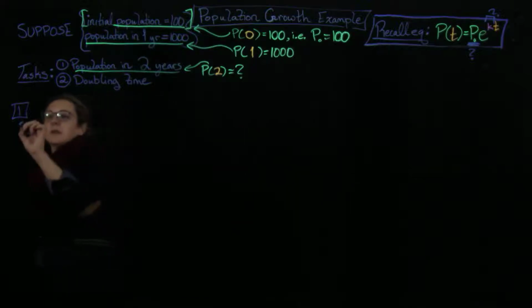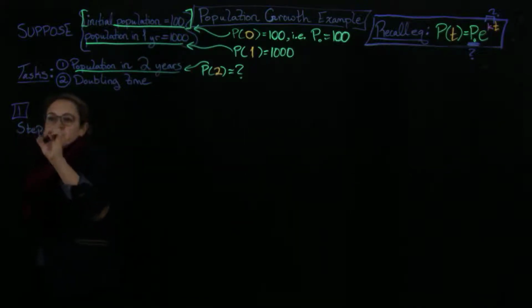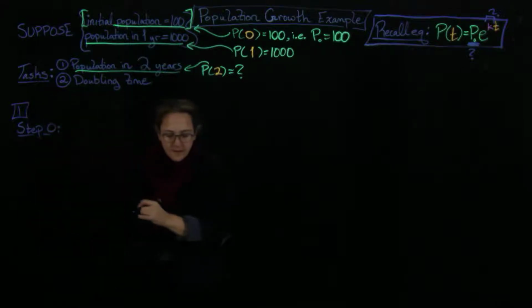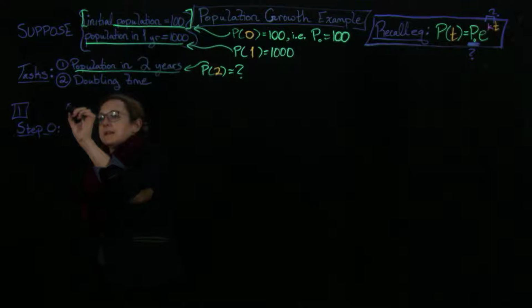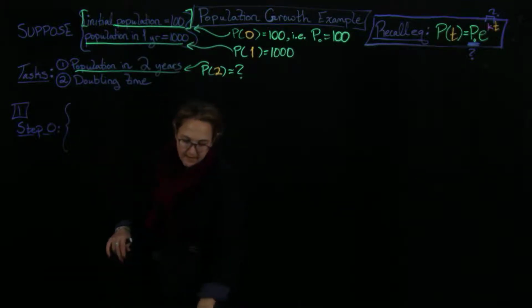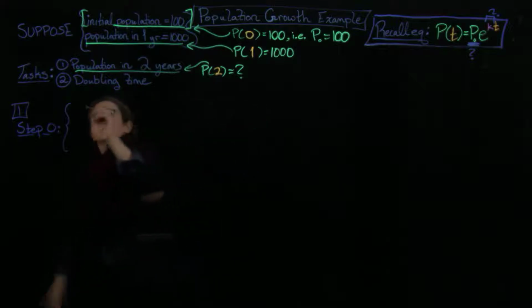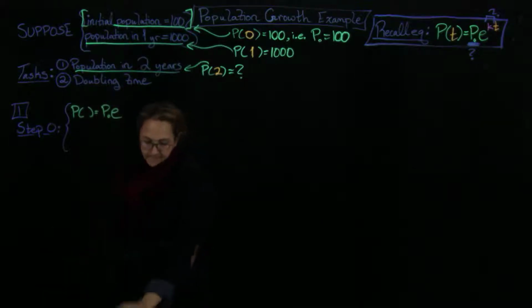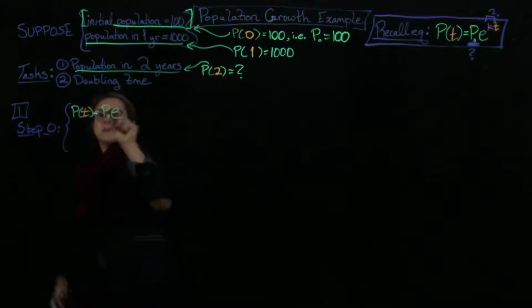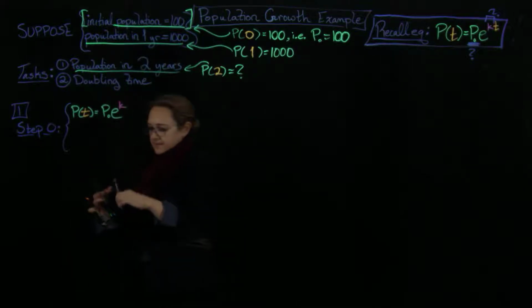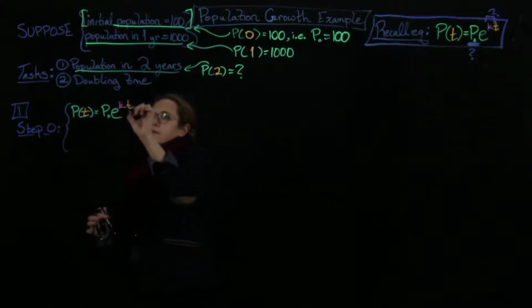Okay, so let's start. So step 0. Let's just list the things that we have or know. From up above there, we do know this equation, so we know that P of T equals P naught e to the K T, where K is one of the things we have to solve for, and then T. Okay, so we know that.